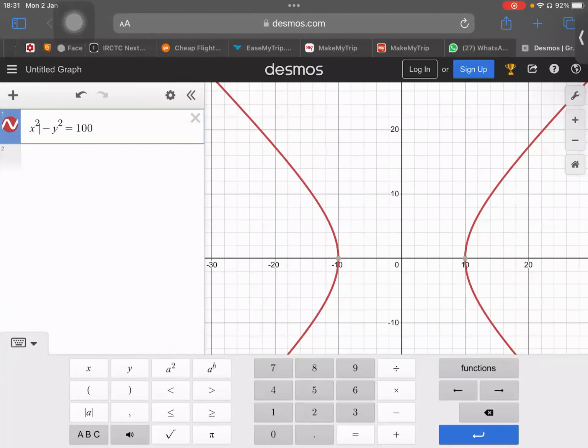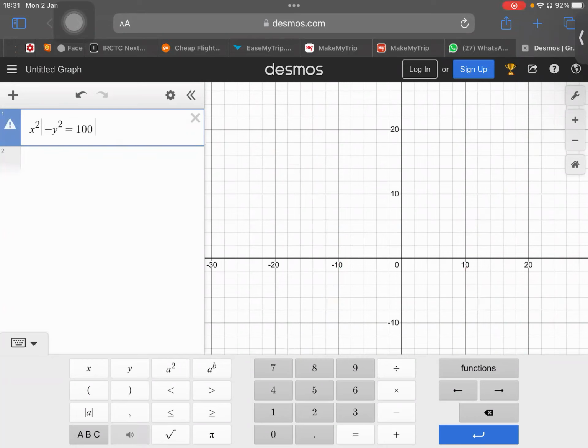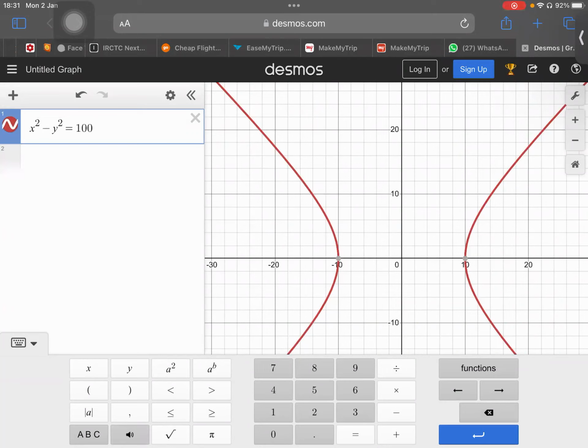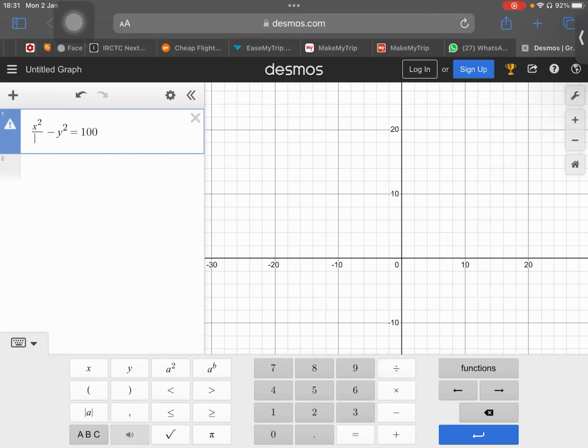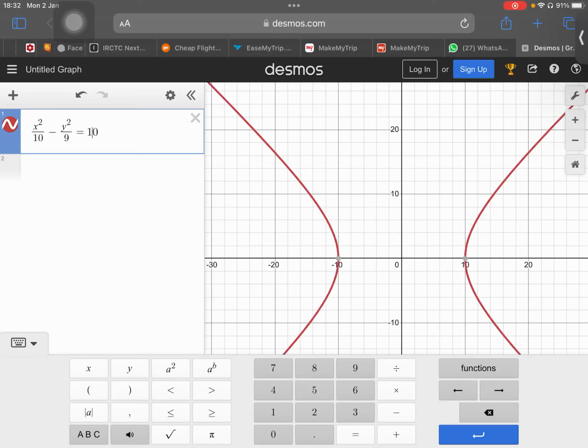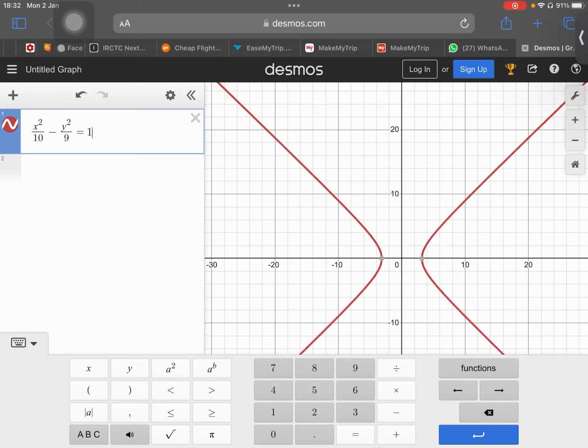You can also plot, let's say, x square divided by 10, and y square divided by 9, and this should be equal to 1.